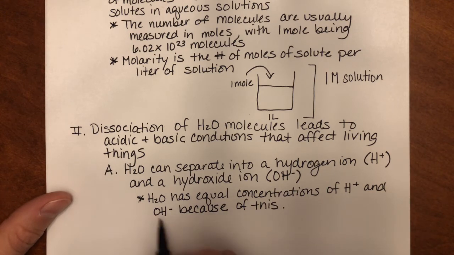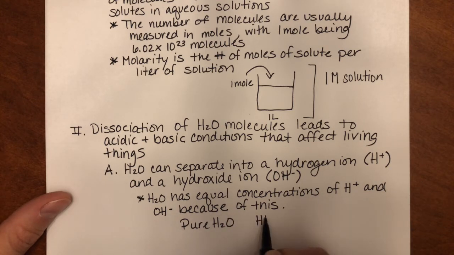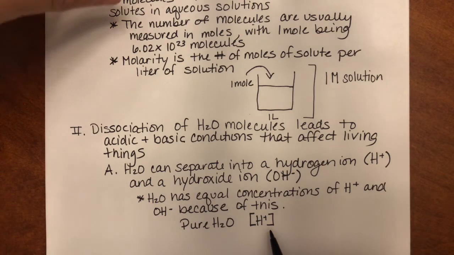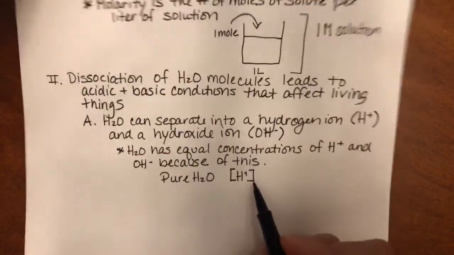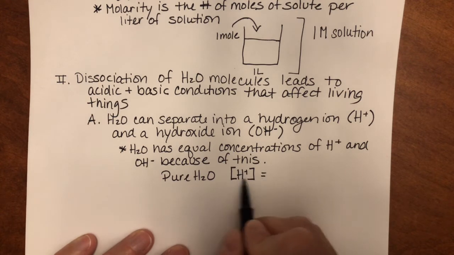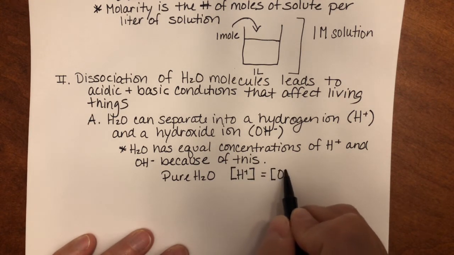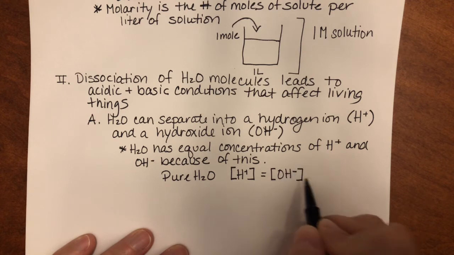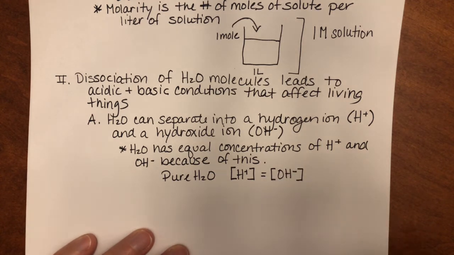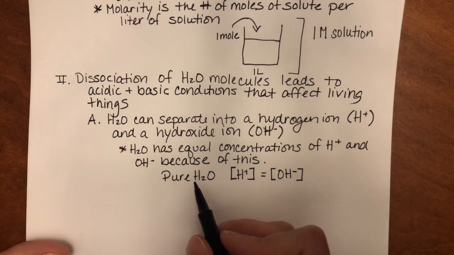So in pure water, how we would write this is the H+ concentration. Concentration is represented by these brackets. So the hydrogen ion concentration is equal to the hydroxide ion concentration. Brackets around something means the concentration of that substance.